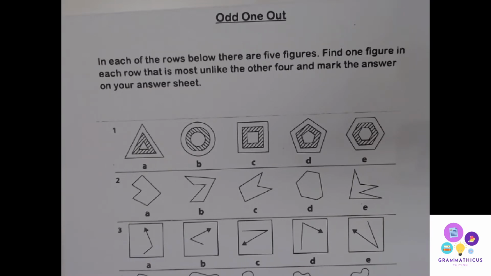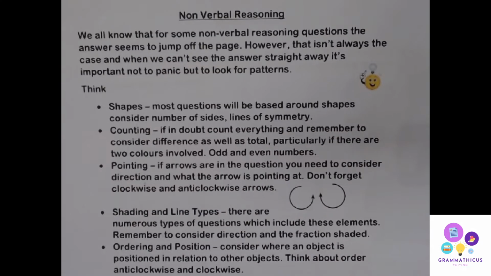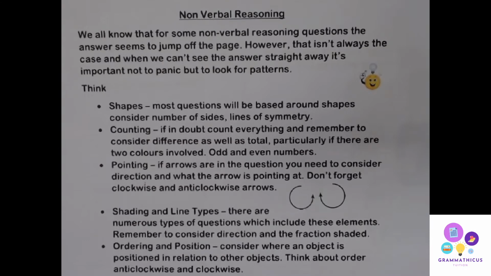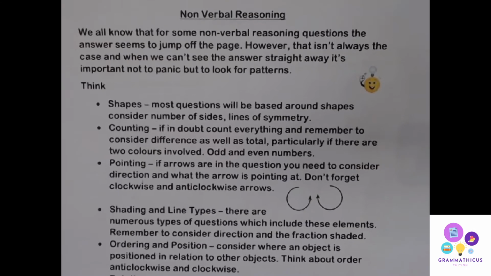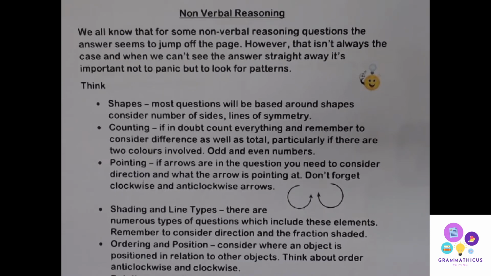All of those things come together in odd one out questions, so we have to have those all in mind. If you find it hard to remember those, it might be a good idea to have another little look at the sheet that you will have been given. I think everybody has got one of these in their folder on Google Drive, so you might want to keep it nearby while you're completing these questions so that you can always refer to it if you're having problems.